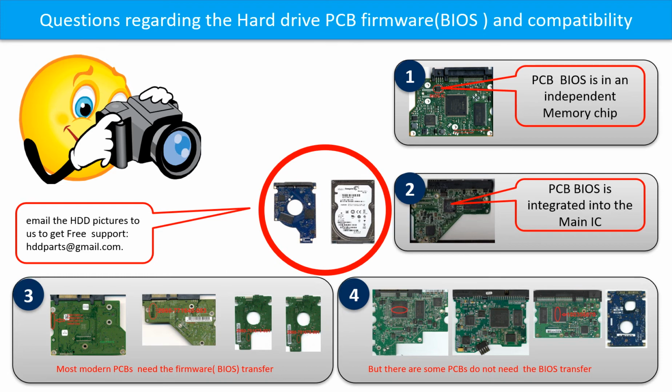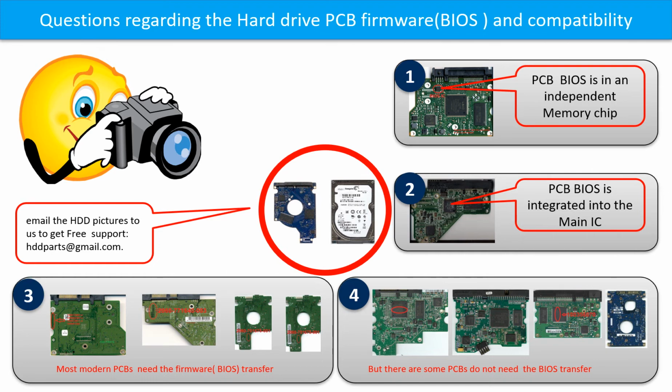Some PCB firmware are in the independent memory chip, like picture 1 shows. The memory chip may be 1 or 2. Some PCB firmware are integrated into the main IC, like picture 2 shows.